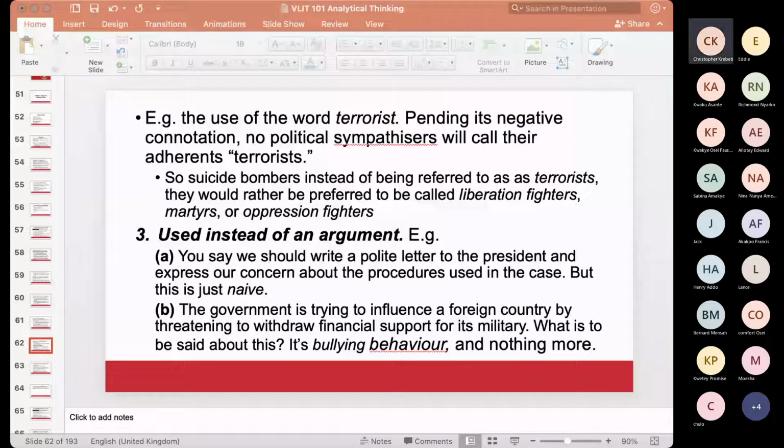You say we should write a polite letter to the president and express our concern about the procedures used in the case. But this is just naive. What do you think is being communicated? What value claim do you think is being communicated?